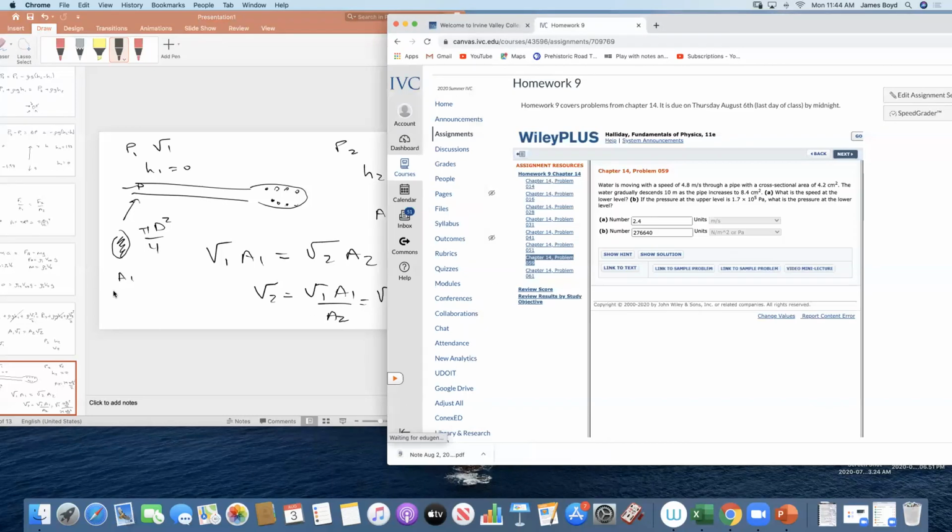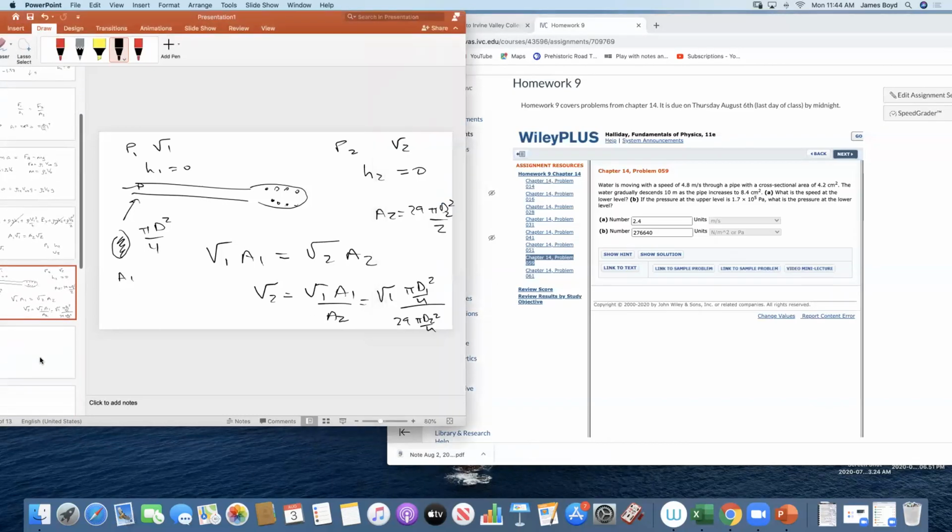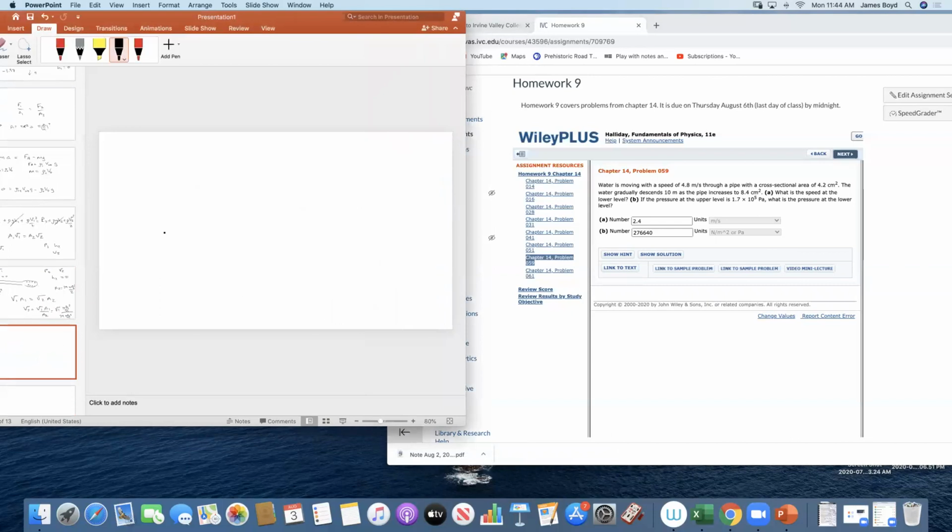These last two, though, show a little bit about using Bernoulli's equation completely. So P1 plus rho g H1 plus rho V1 squared over 2 is equal to P2 plus rho g H2 plus rho V2 squared over 2.